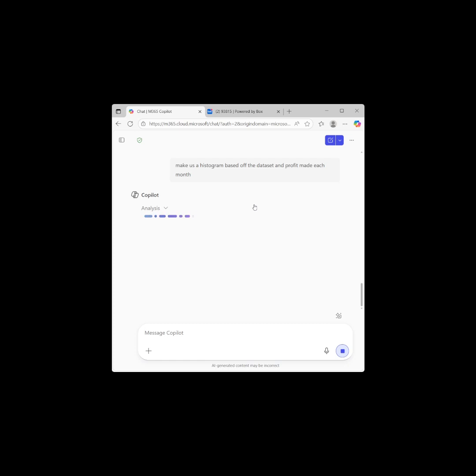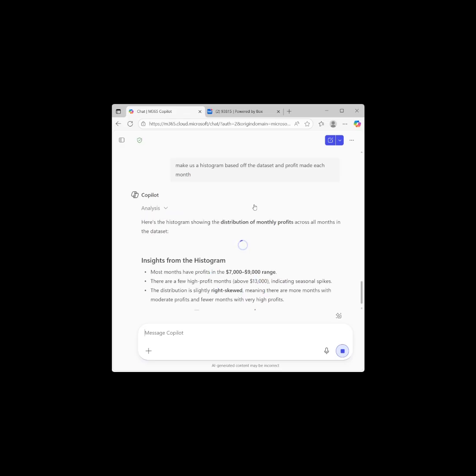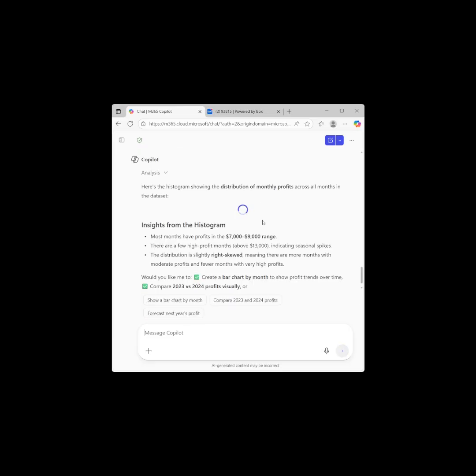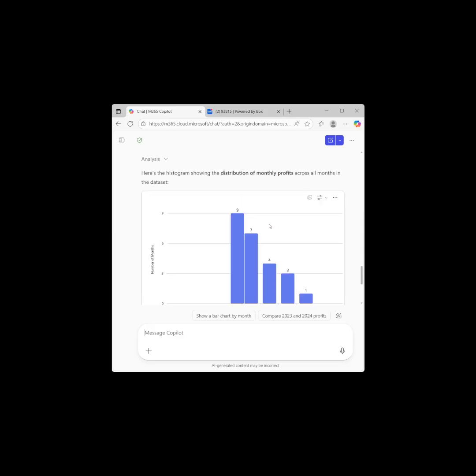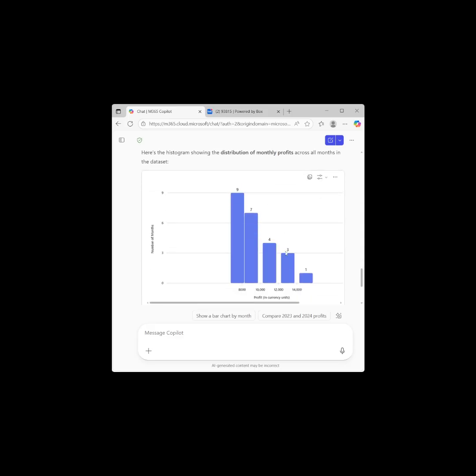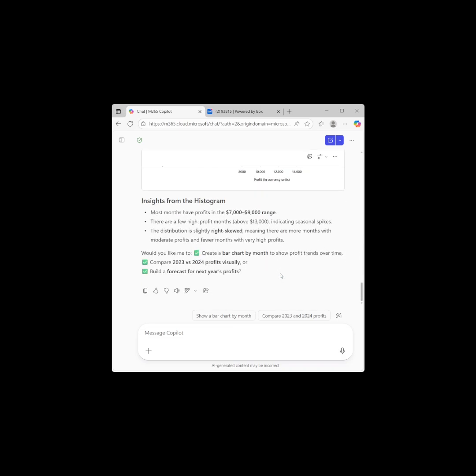Once we see this histogram, we're going to see that there are some seasonal differences. All right, so obviously there are some big outliers, but as you can see, the normal profit is around $8,000.